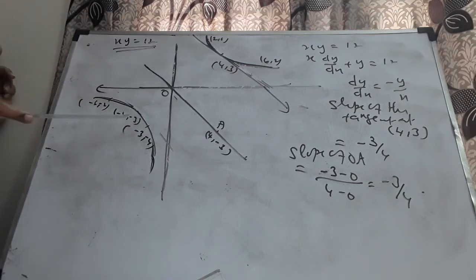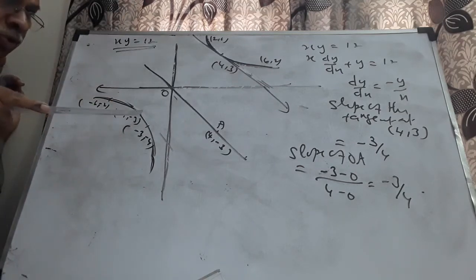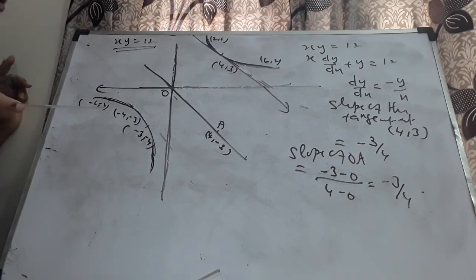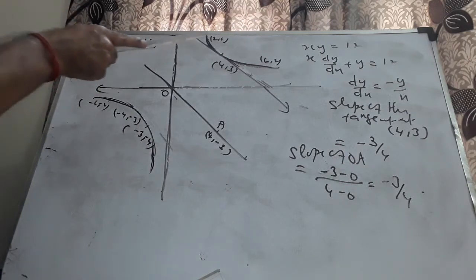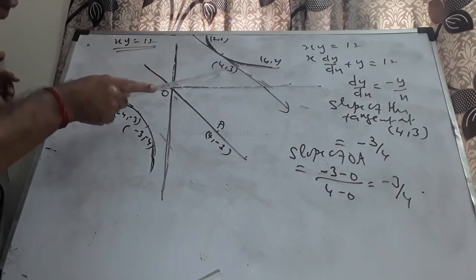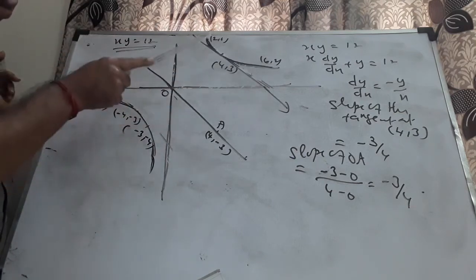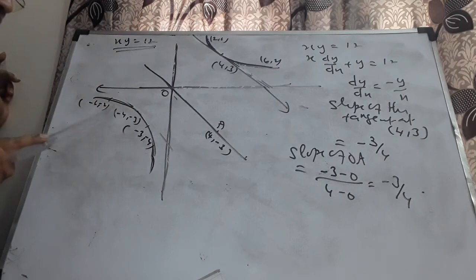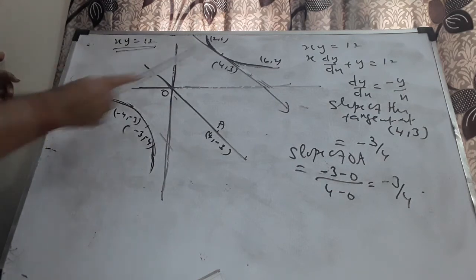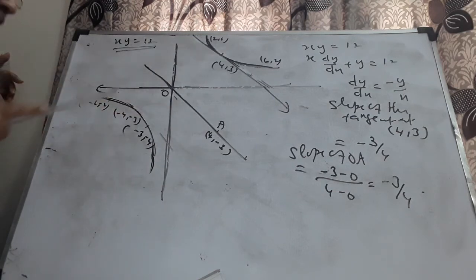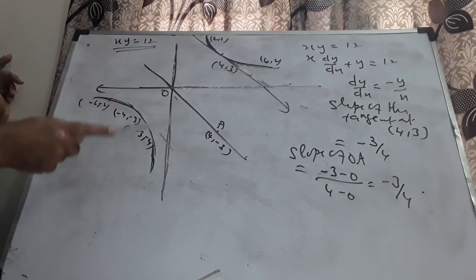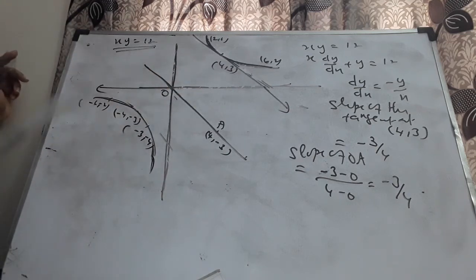Just listen carefully. It also passes through (-4, -3), (-3, -4), (-6, -2), and so on. You can just check, 4 into 3 is 12, therefore it satisfies. 6 into 2 is 12, it satisfies. 2 into 6 is 12 anyway. -4 into -3 is plus 12. -3 into -4 is plus 12, -6 into -2 is plus 12, etc. Therefore, these are the various points. I'll get a hyperbola like this.